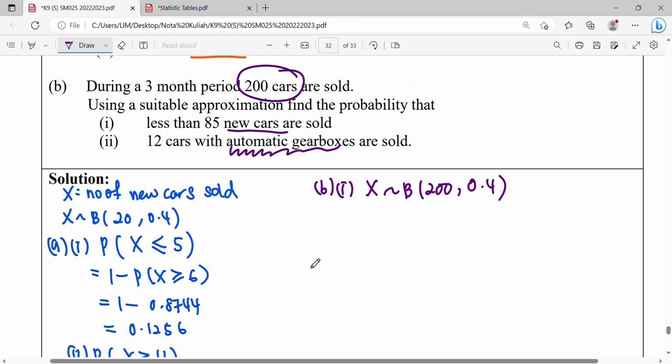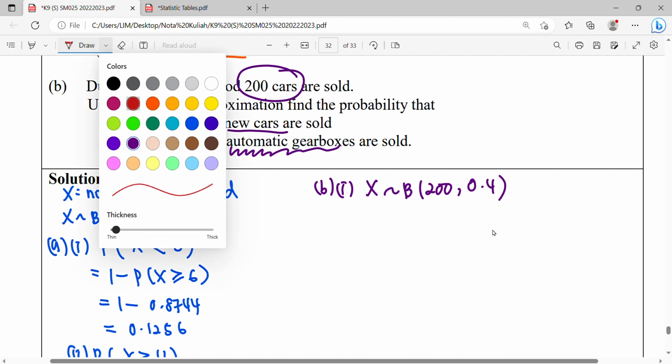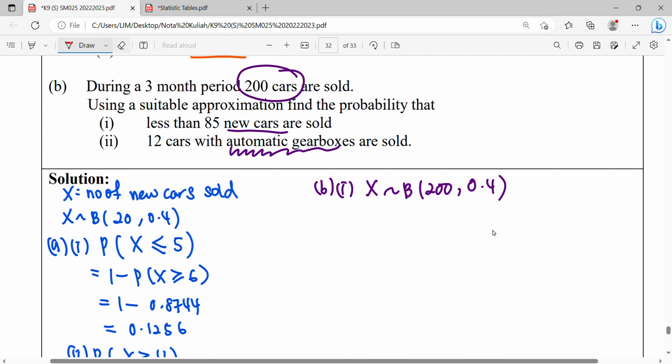So when you see this kind of distribution, firstly, we notice that the first condition, n greater than 50, is satisfied. Second condition, np is 200 times 0.4, which is 80, confirmed more than 5. So we need to change to normal, with mean 80.